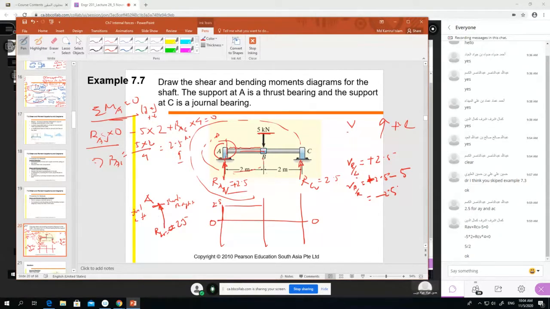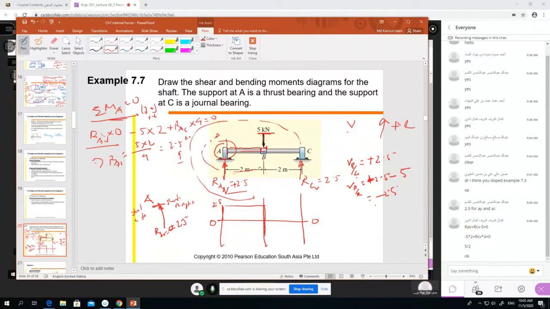Left side, you had plus 2.5, and just as you cross B to the right side, you get minus 2.5.